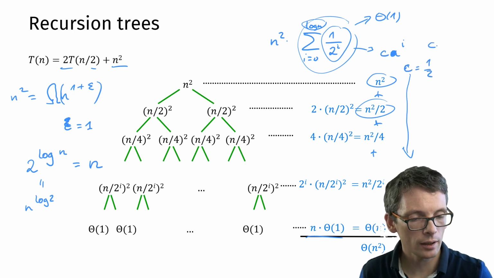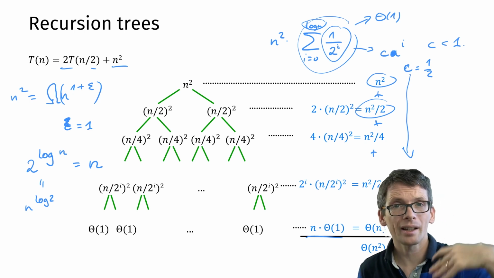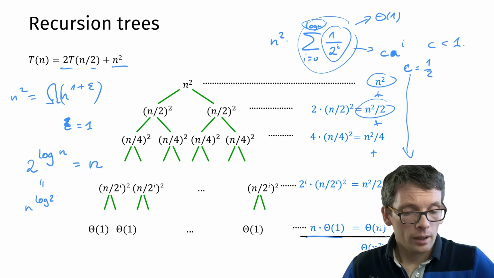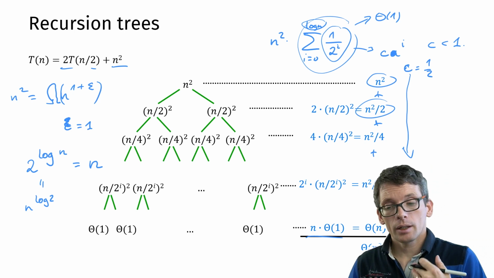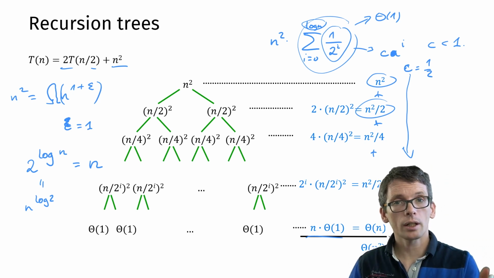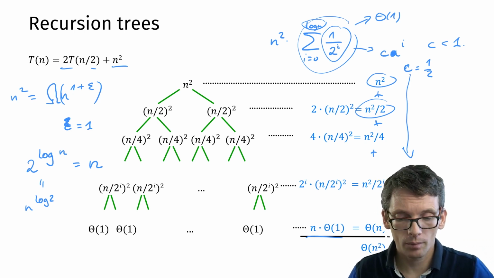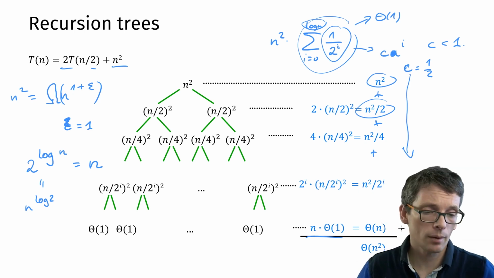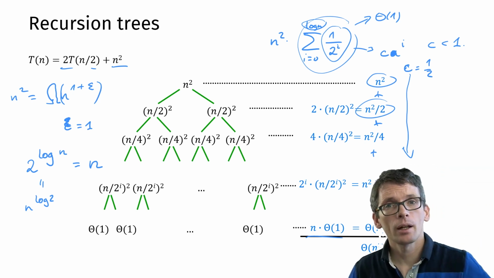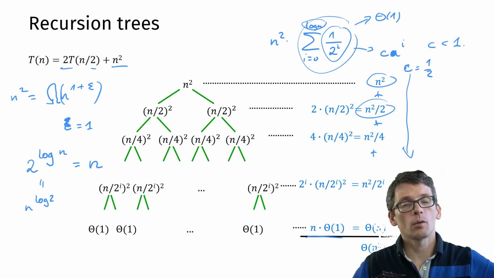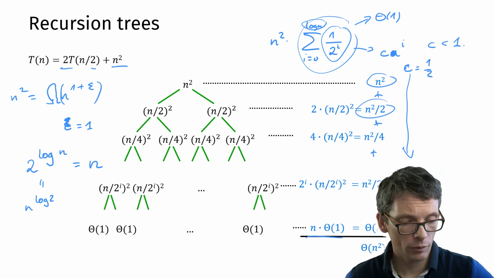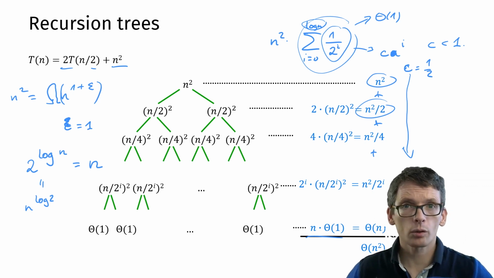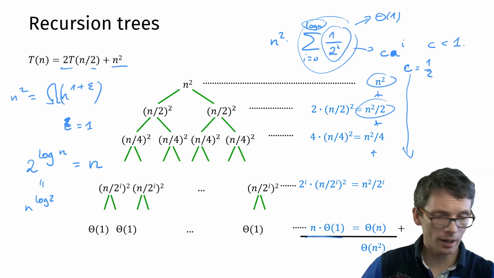So this c is smaller than 1, and then the geometric series goes to a constant. Every time we are in case 3 of the master theorem, we can bound the contributions of the recursion tree by f of n times a geometric series, and that's why the running time overall is of order f of n. That's just a rough intuition of how this relates to the master theorem.